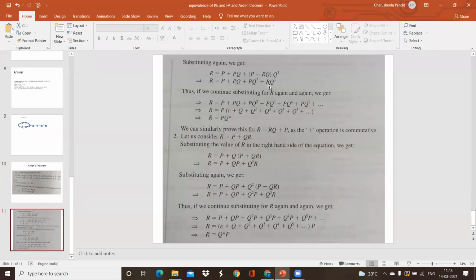Again replace R with P plus RQ, and here it goes P plus PQ plus PQ square plus R cube. When you replace that R and simplify it, you get P plus PQ plus PQ square plus PQ cube plus PQ raised to 4, plus likewise. So you can see this here. When you take P common, you get it like this. Star means 0 or more occurrences of Q.